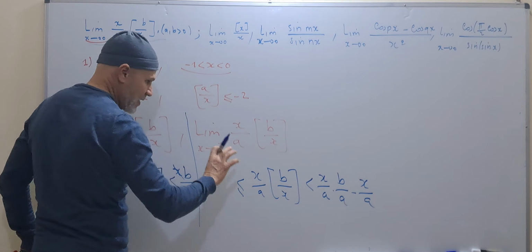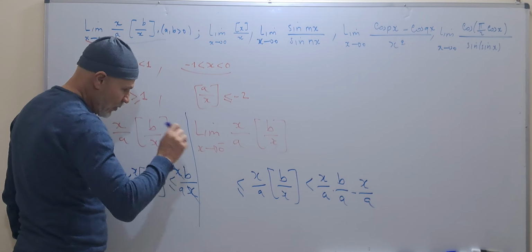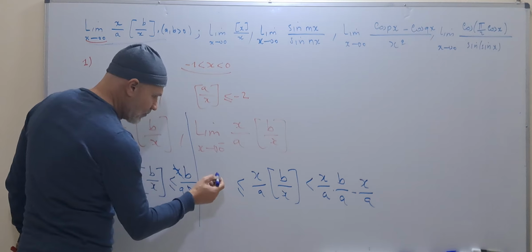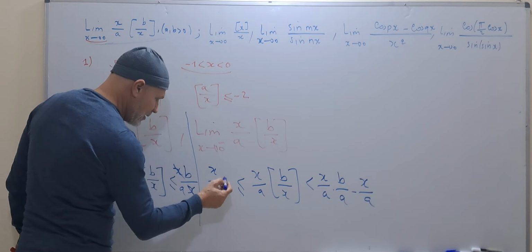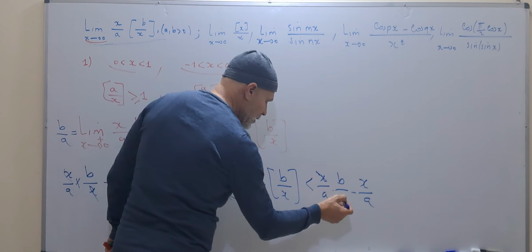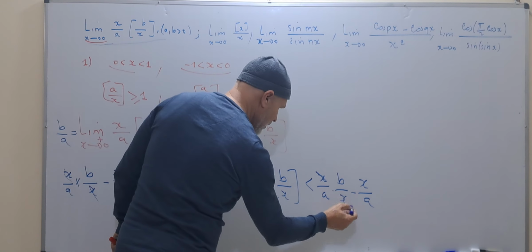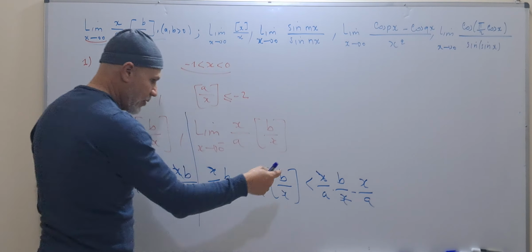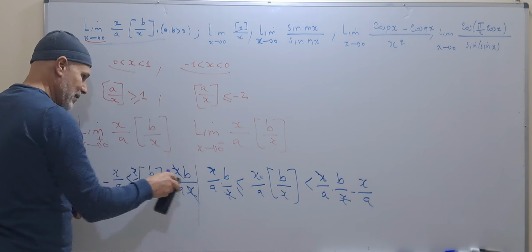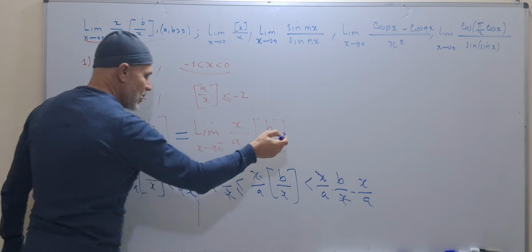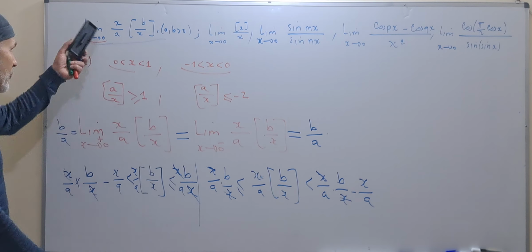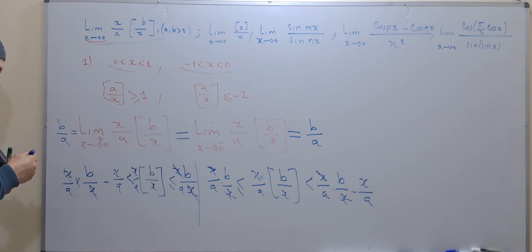Since x is negative, we flip the inequality when multiplying by x over a. We can cancel, and at the limit we have the same limit, so the two limits are equal to b over a. So the limit exists and it is well defined.